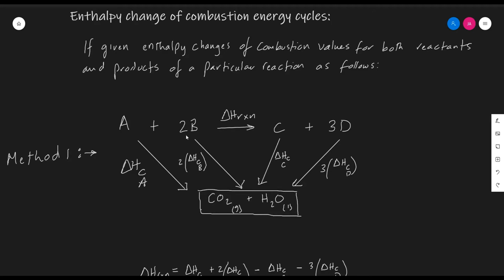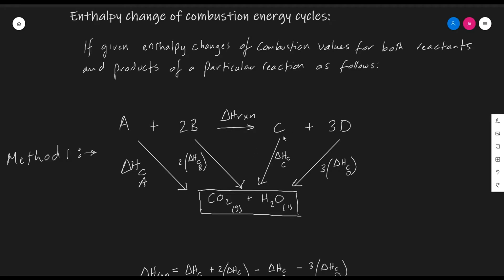Since we are given the values for the enthalpy of combustion of 1 mole of A, 1 mole of B, 1 mole of C and 1 mole of D in the data booklet, I can construct an enthalpy change of combustion energy cycle in which, if 1 mole of A and 2 moles of B were combusted completely, they would both produce CO2 and H2O in specific molar ratio.